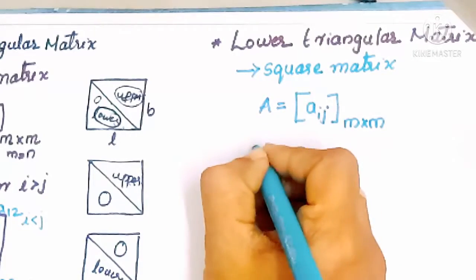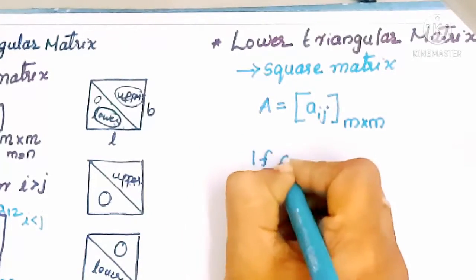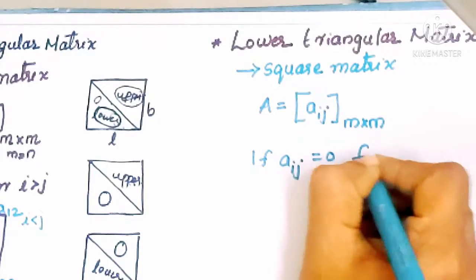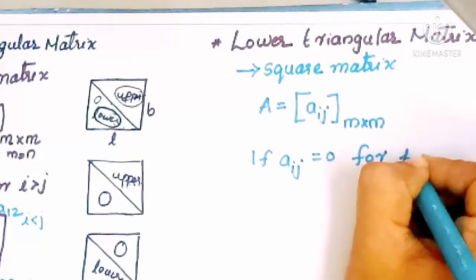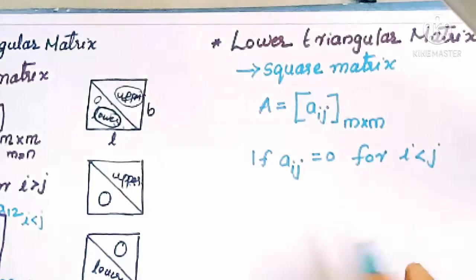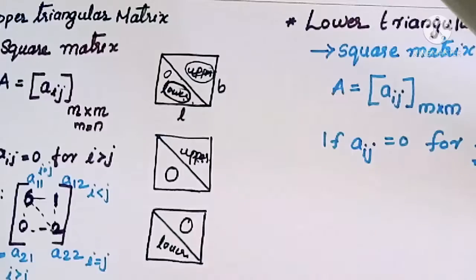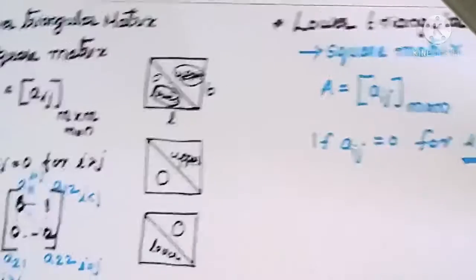Here the condition is: Aij is equal to 0 for i less than j. This is the condition of a lower triangular matrix. In a lower triangular matrix, non-zero elements are present only in the lower portion of the square matrix. So we can write one example.